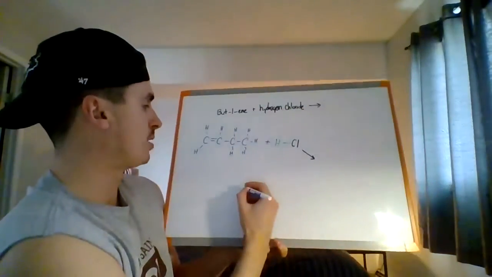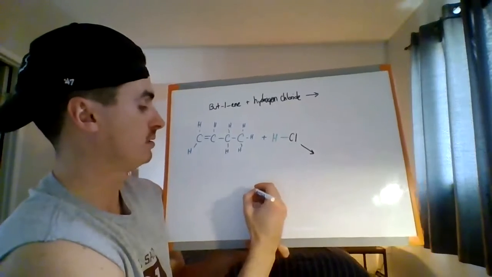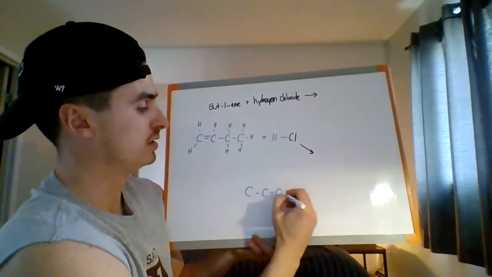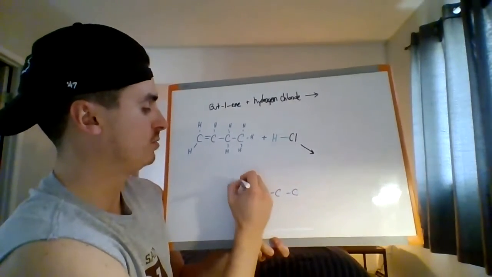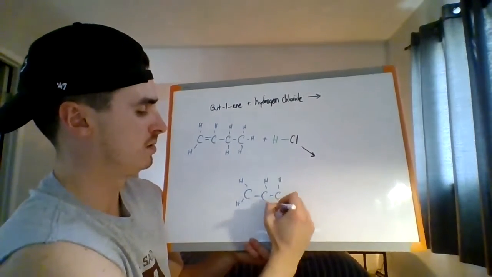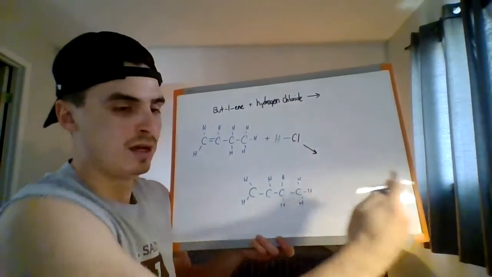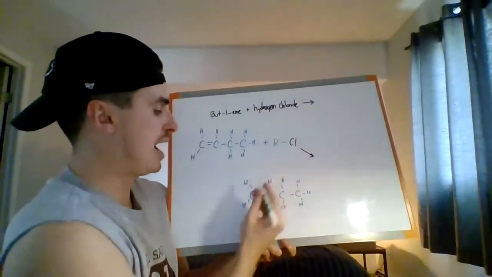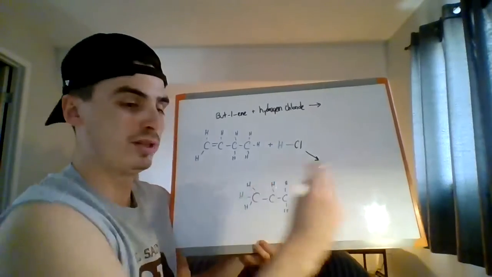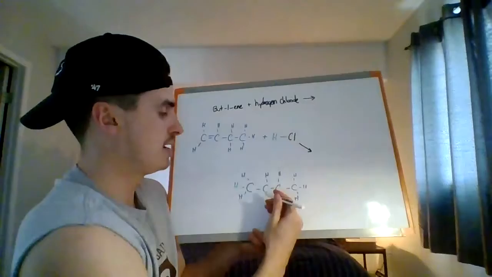So let's again just start by drawing our basic 4-carbon chain and get rid of that double bond. 1, 2, 3, 4. We got 2 here, 1 there, 2, and 3. And then we'll put the hydrogen over here, and then we'll put the chlorine right here.